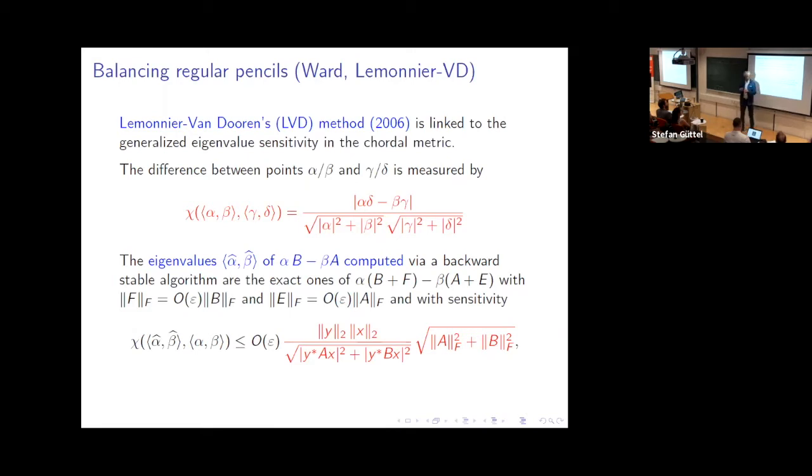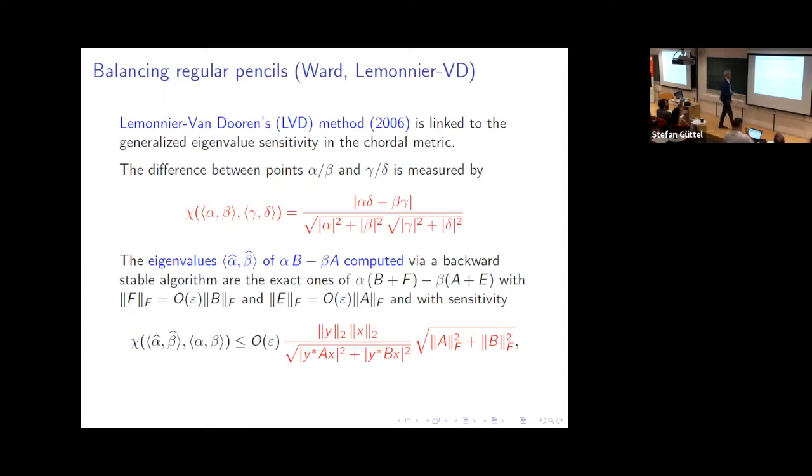If you take a line between the origin and (alpha, beta), and a line between the origin and (gamma, delta), then the angle between these two is the chordal metric between these two relative numbers.